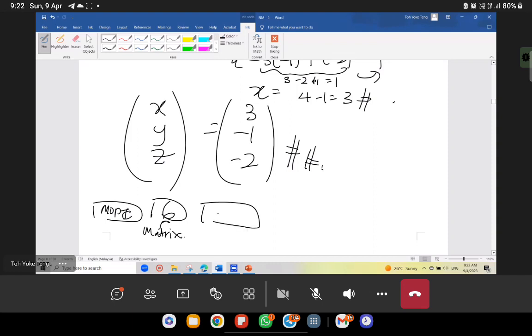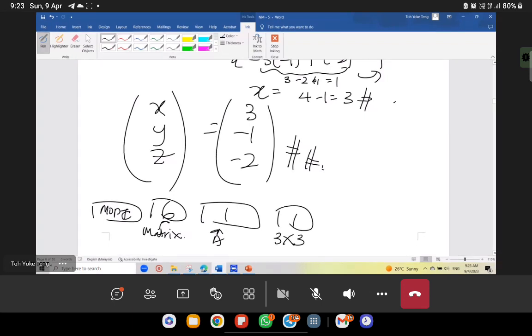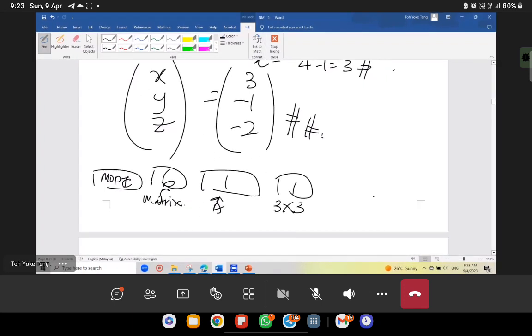From here, for matrix A, you choose 1 as matrix A, and the dimension here is 3 times 3, so you choose the first one and insert all the values as matrix A. And for the value here, as you notice, 1, 2, 3, that means it is 3 times 1 as the vector. So again, you just press mode 6.